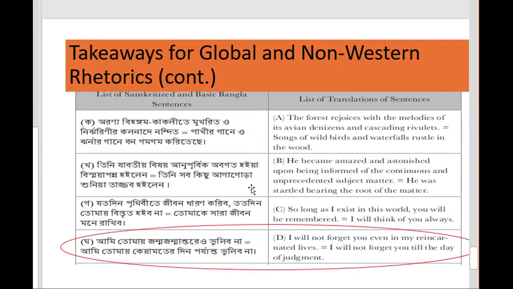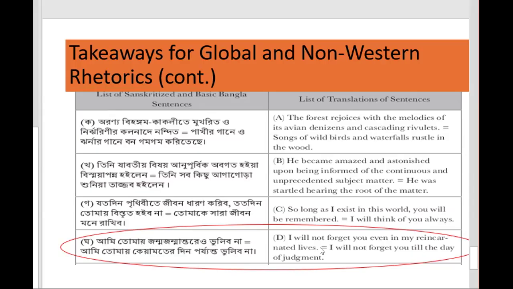They provided a list of ways of being, and again, these are caricatures, these are rhetorical examples. They're providing, okay, West Bengali Bangla is like this, we will make our Bangla like this. So on the left, and these are not accurate, even the published literature said no one talks like this, but they provide these sentences to show certain examples. So one is, I will not forget you even in my reincarnated lives. That's sort of the example of, I will always remember you.